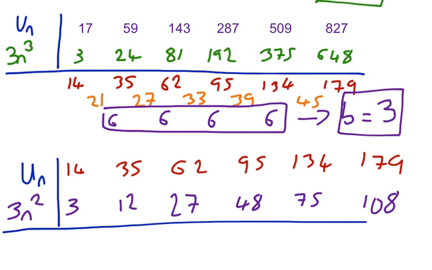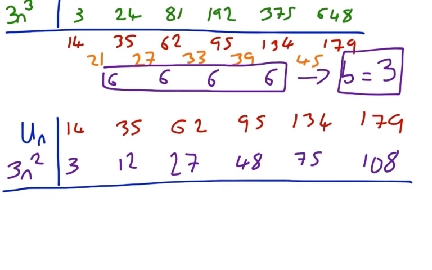Once again, we do the subtraction, removing the quadratic, the squared term, from our sequence. So 14 minus 3 is 11, and we get 23 next, then 35, 47, 59 and 71.